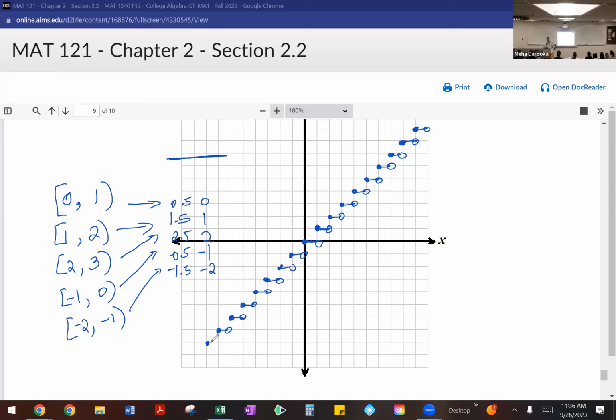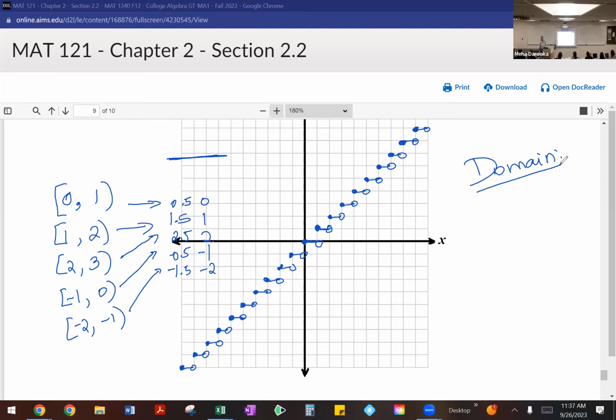So I want you to think about this. What will the domain for our greatest integer function look like?